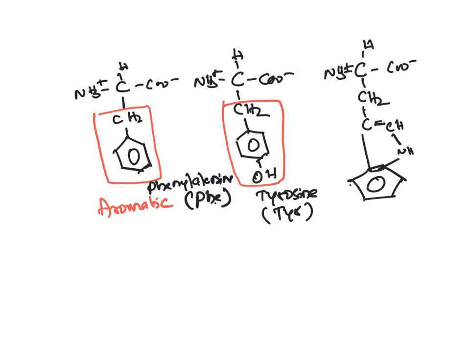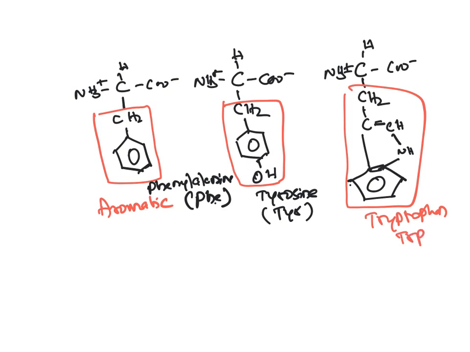So this is tryptophan. The tryptophan side group has CH2, a 5-membered ring and the benzene ring. You can write it as TRP, the three-letter abbreviation.